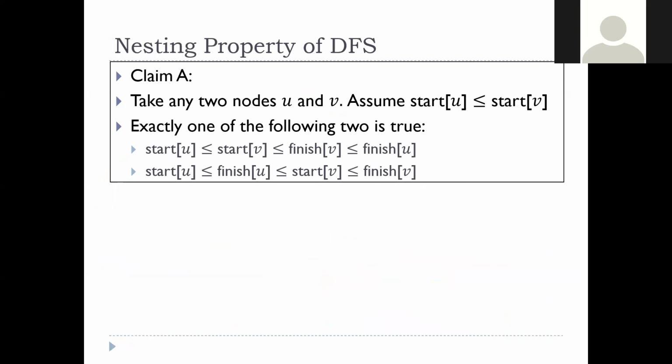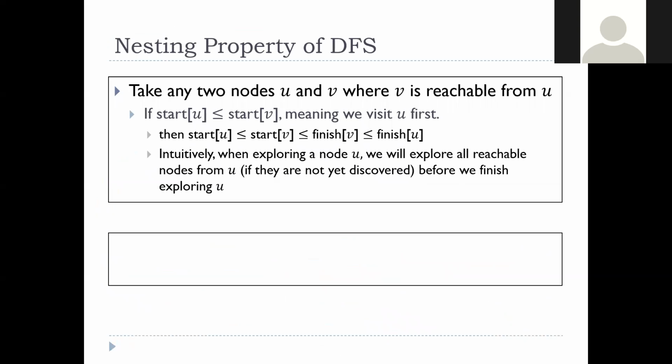This also implies the following. Take two nodes U and V, and assume V is reachable from U. So this is U, and suppose in your graph V is reachable from U. Also assume that you first visit U before you visit V. This is just a corollary from the previous claim. Then this is the only possibility you have.